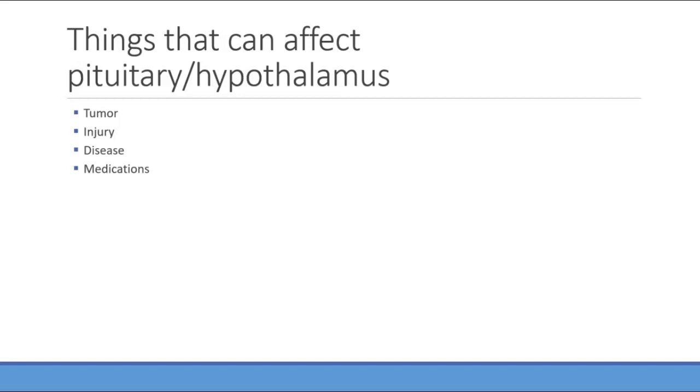That's actually a common thing that can happen after a head trauma. Okay, that's it. I hope this little overview gets you into the mindset for our next discussions.